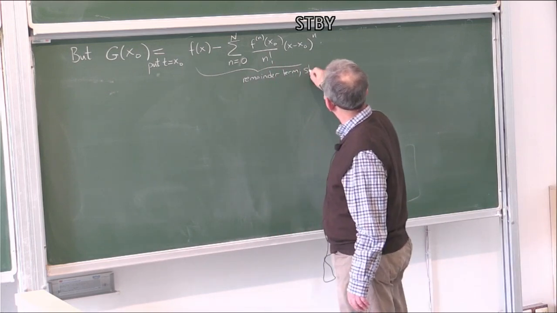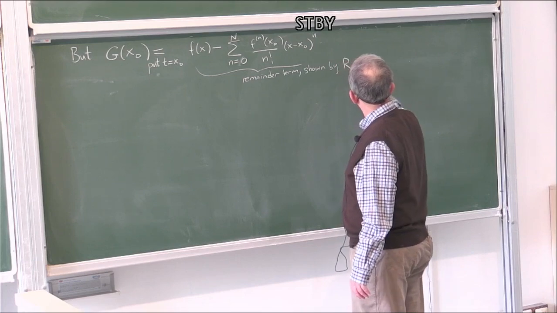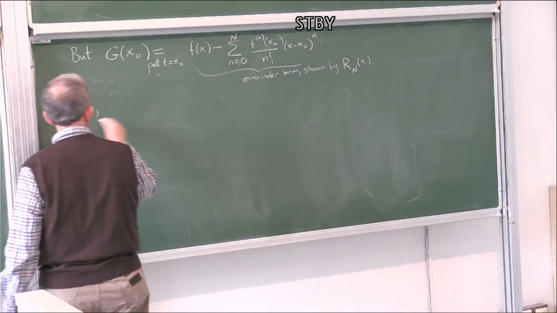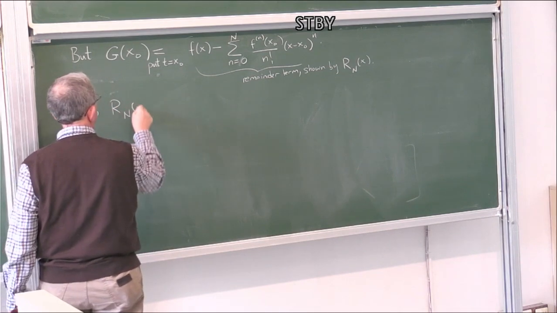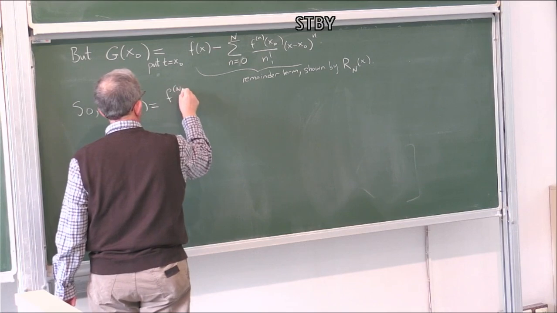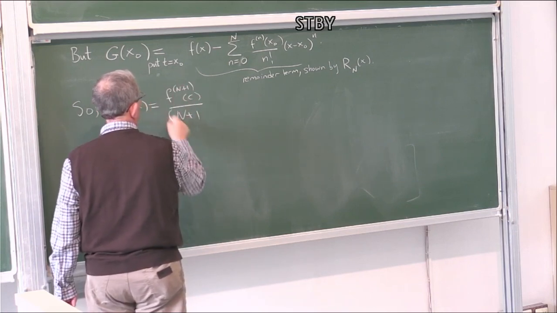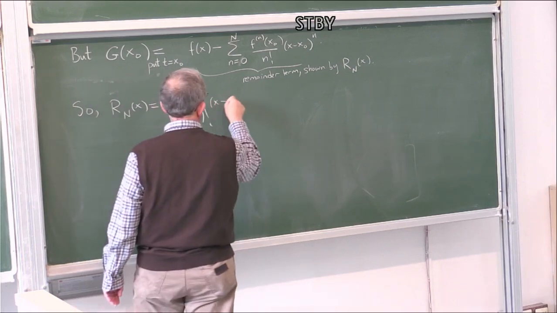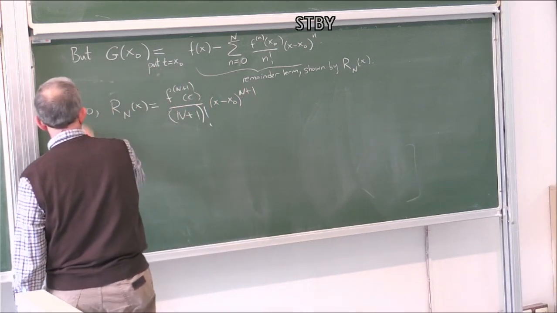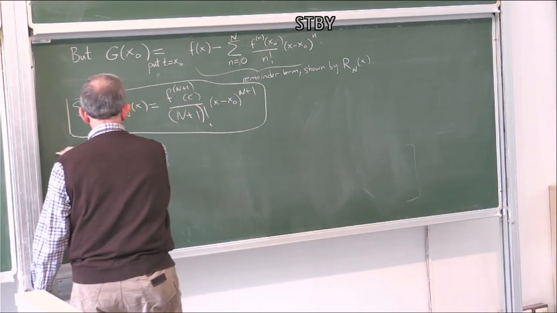As I said, shown by R_n of x. So R_n of x is the n plus first derivative at c over n plus 1 factorial times x minus x0 to the n plus 1, as wanted.